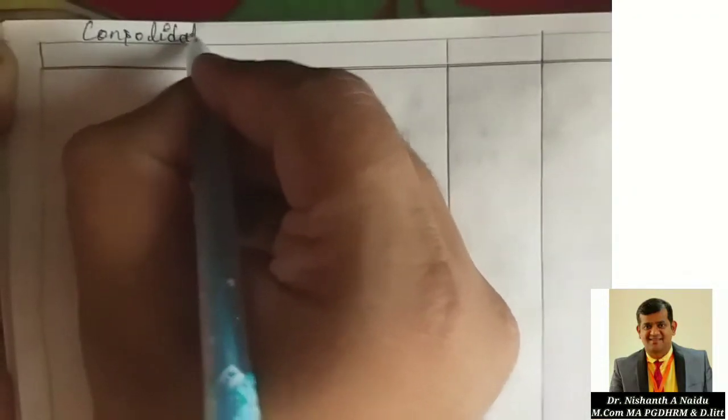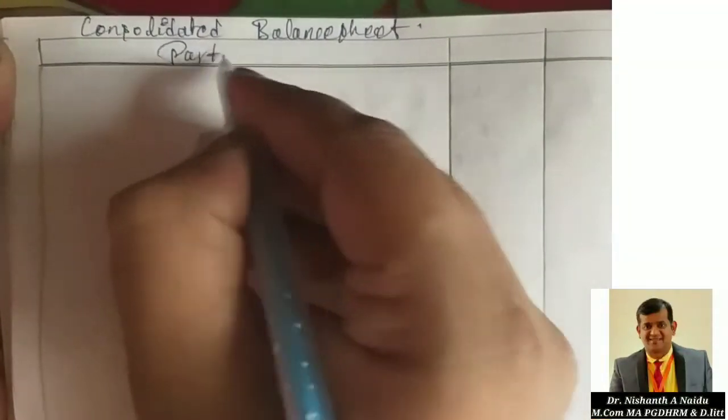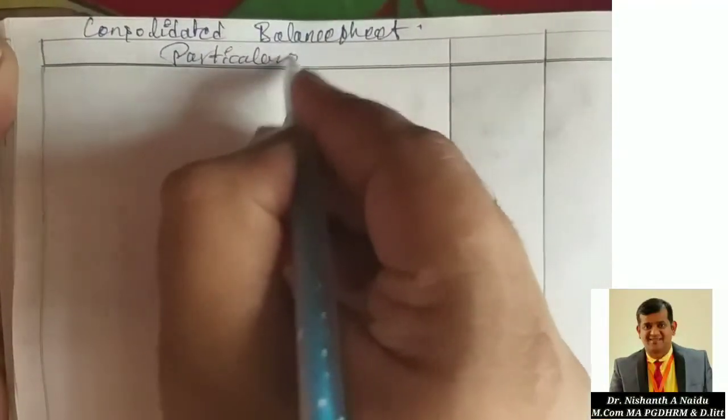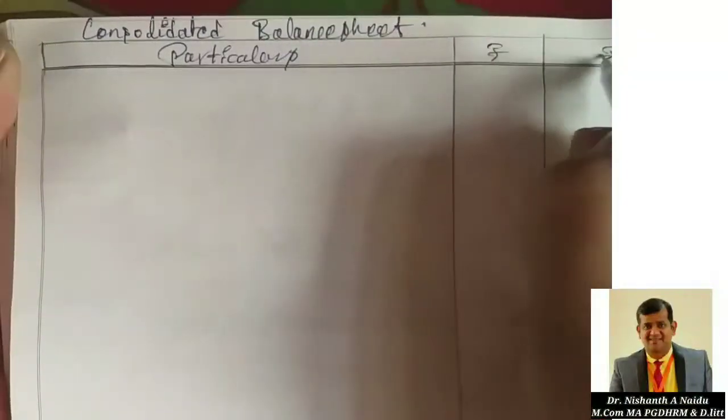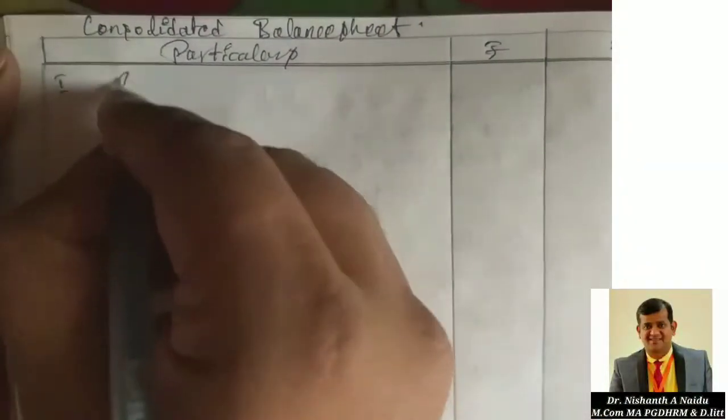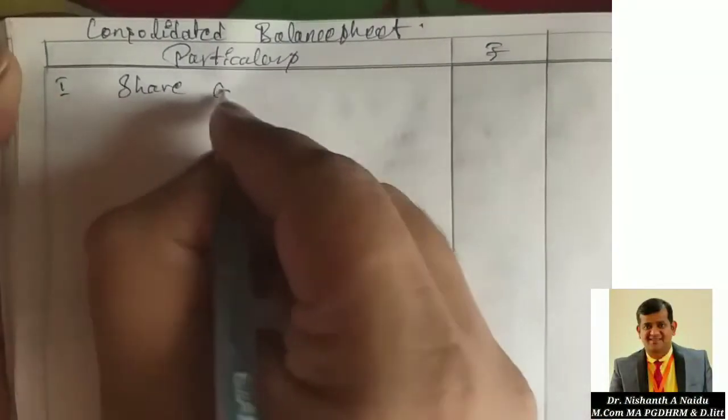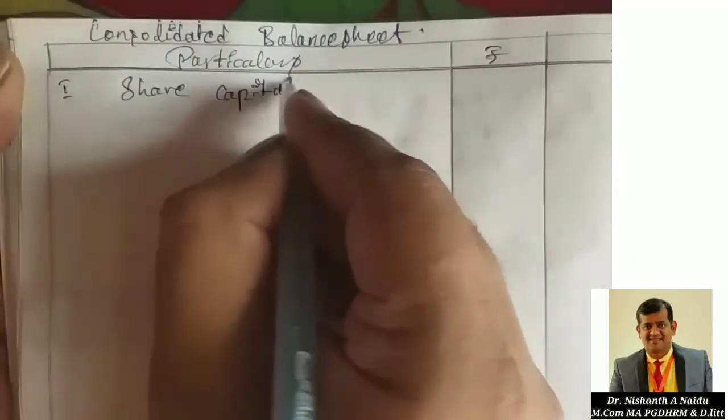Consolidated balance sheet. So take down particulars, rupees and rupees. First we always take share capital. Q company, P company limited, share capital.